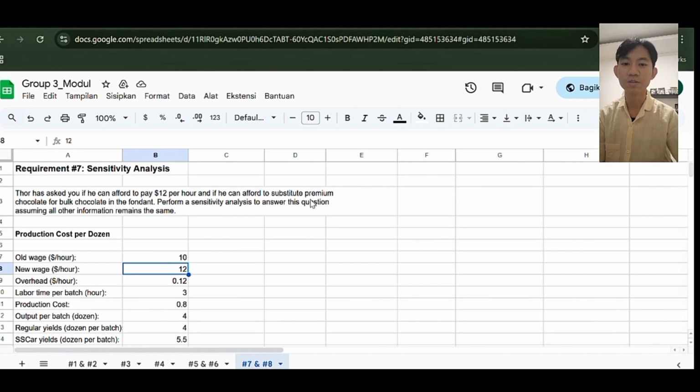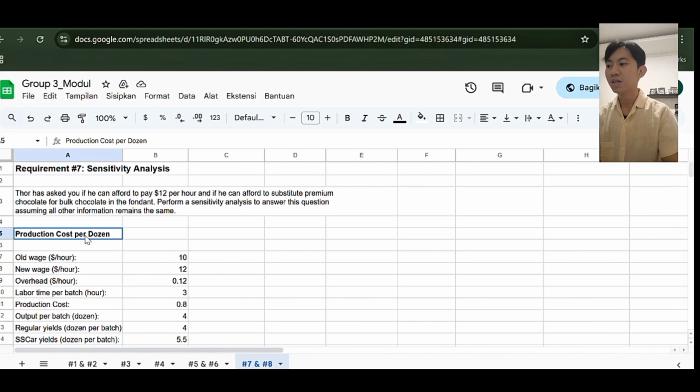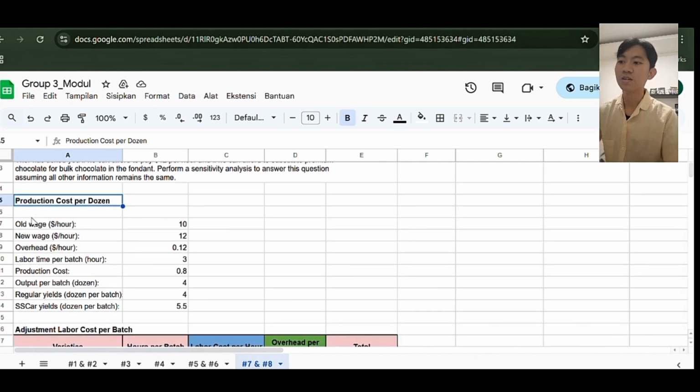Now I will explain requirement 7, which asks about the sensitivity analysis. The first thing we need to know is the production cost. The old wage was $10, and we adjust it to a new wage of $12.